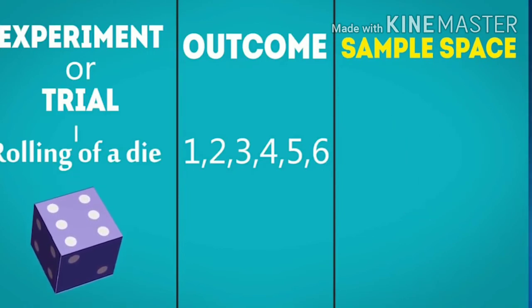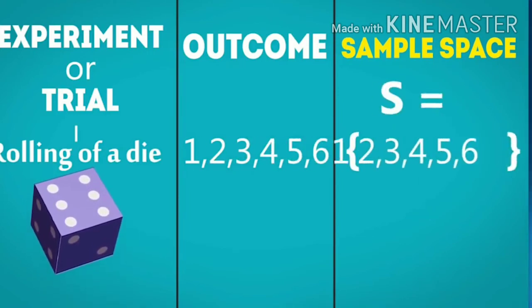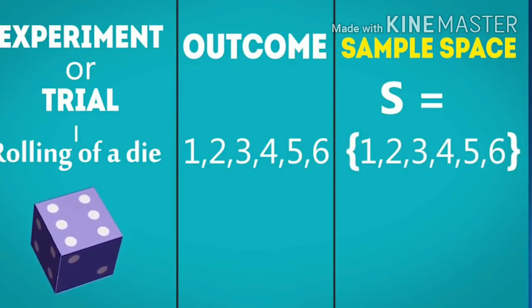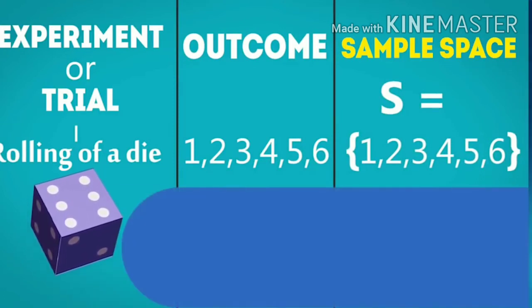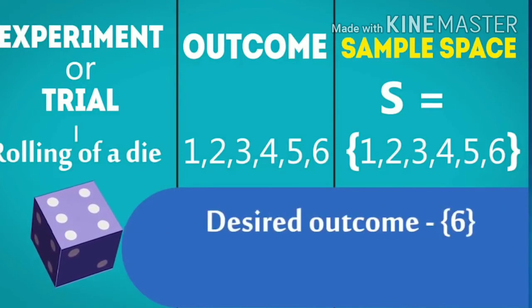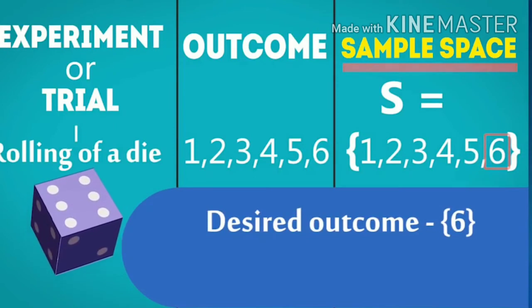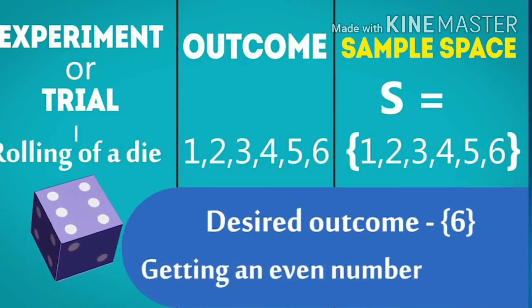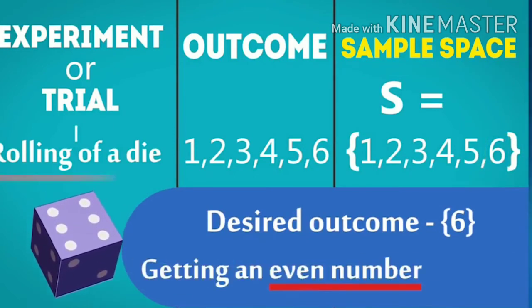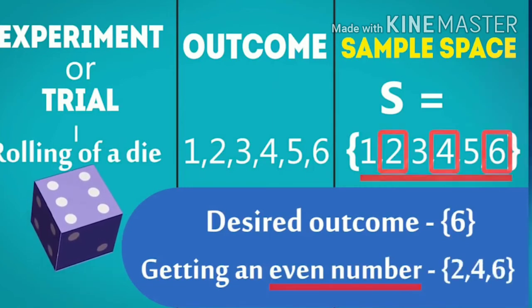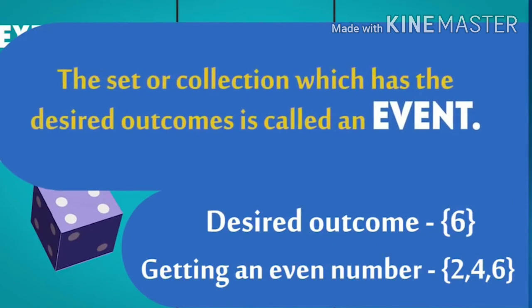If you write this sample space in a set bracket, it is the set of 1, 2, 3, 4, 5, 6. All these 6 are called outcomes. Suppose you want a desired outcome, that is 6, only one number, set of 6. If you want an even number, that is 2, 4, 6, set of 2, 4, 6.